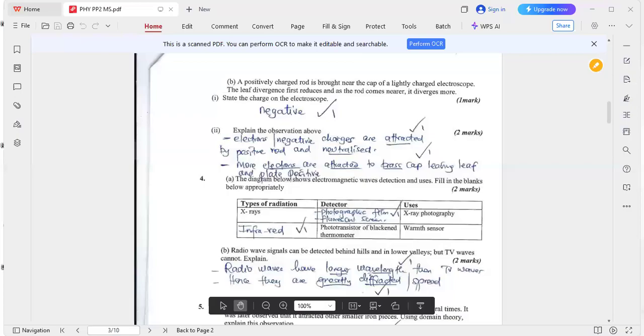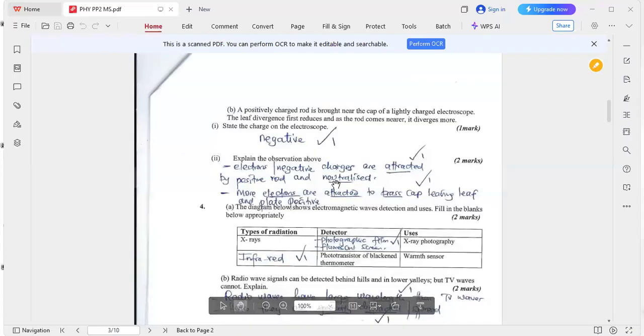So we continue the explanation. The first explanation is you explain why the leaf falls. And then the second one, you explain the divergence. So the first one we have already explained: electrons are attracted by positive charges on the rod.